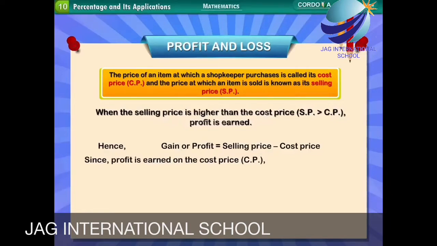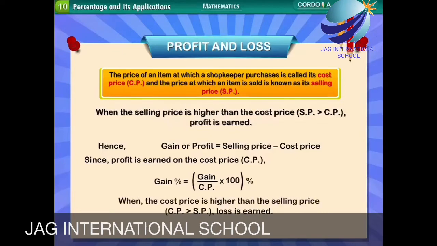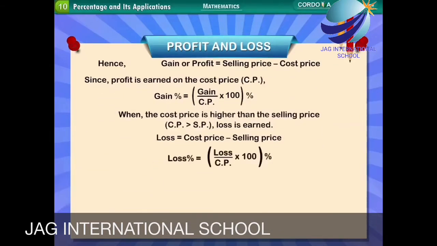Since profit is earned on the cost price, CP, therefore gain percent is equal to gain upon CP into 100%. When the cost price is higher than the selling price, CP greater than SP, loss is incurred. Loss is equal to cost price minus selling price. Loss percent is equal to loss upon CP into 100%.